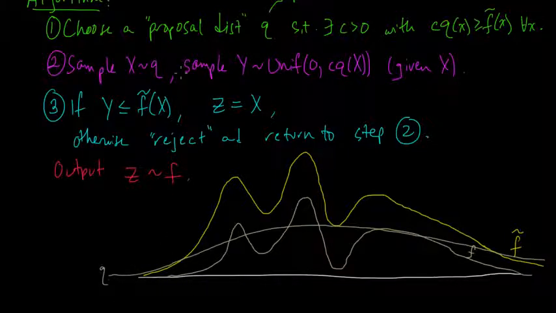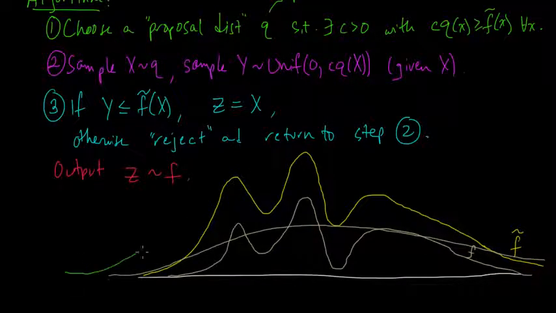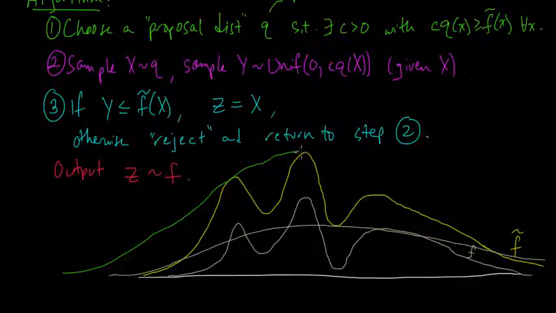And then let's draw CQ. We'll do CQ in this nice rich green color. We scale up Q so that it's greater or equal to F tilde. It's testing my drawing skills here. Actually, we might not hit that one exactly. Let's say we're a little bit greater there.